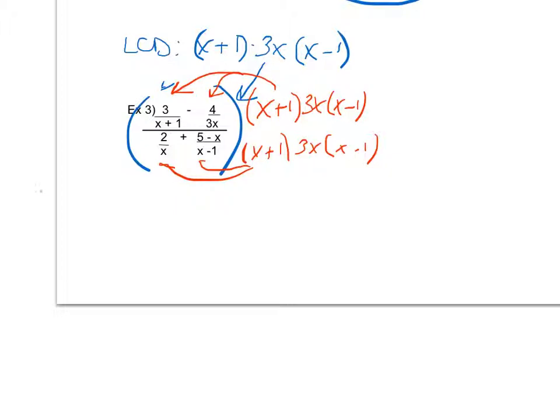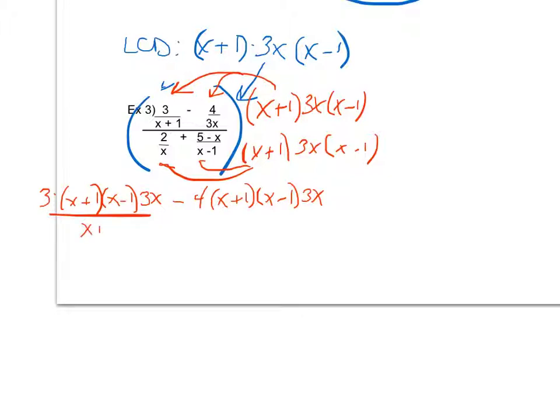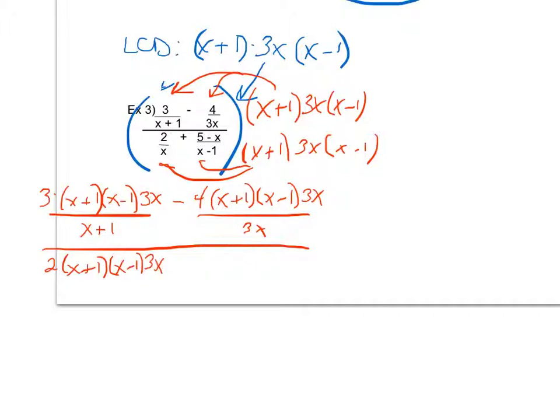So on top I will have 3 times x plus 1 times x minus 1 times 3x minus 4 times x plus 1 times x minus 1 times 3x, and on the bottom 2 times x plus 1 times x minus 1 times 3x.